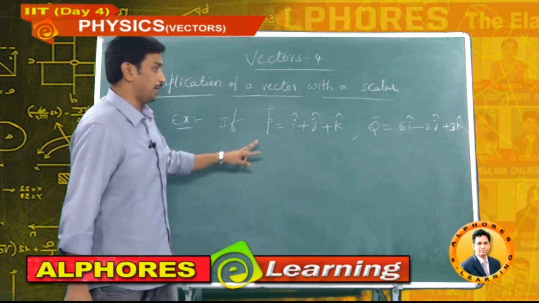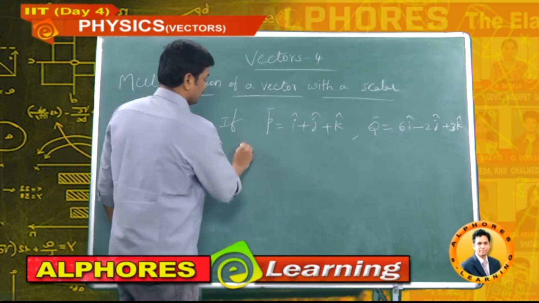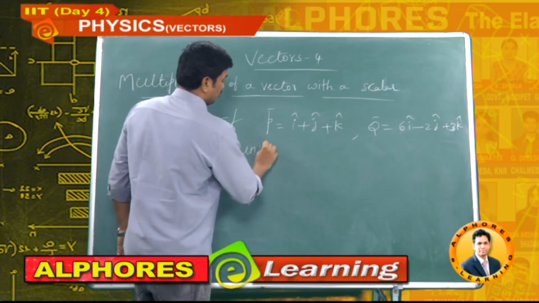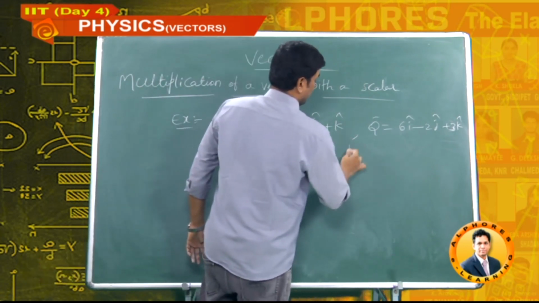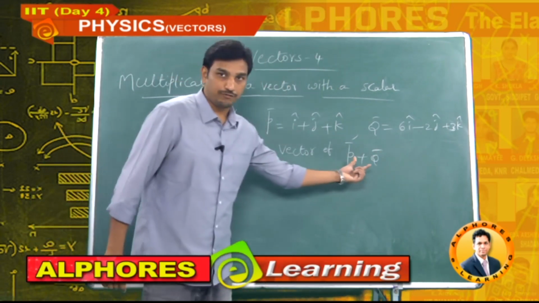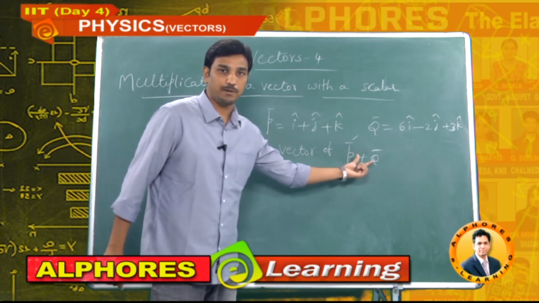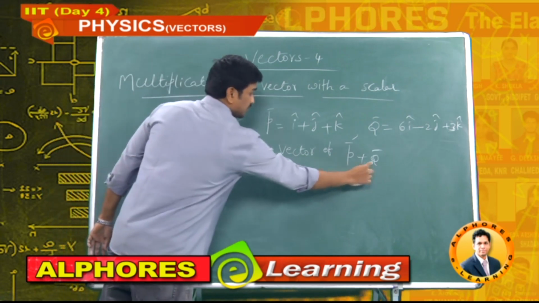So p bar and q bar are given in the question. Now they are asking: find the unit vector of p bar plus q bar. First we should find p bar plus q bar, then after that we should calculate the unit vector of p bar plus q bar. Now let me calculate first p bar plus q bar.